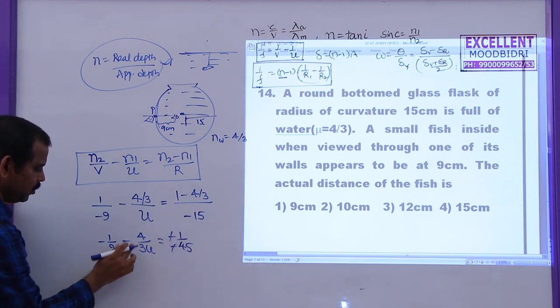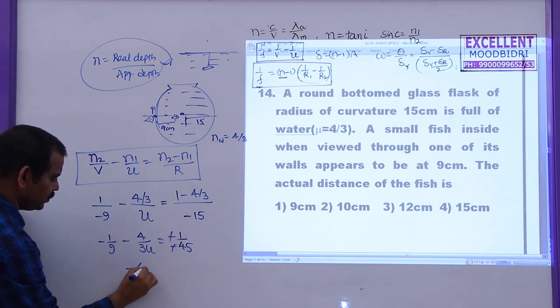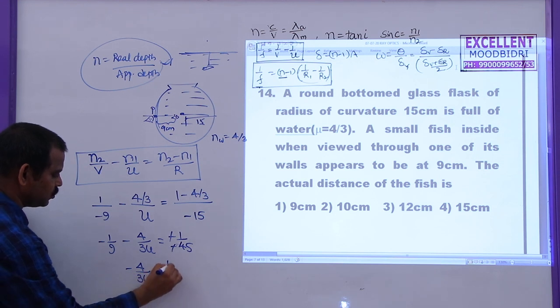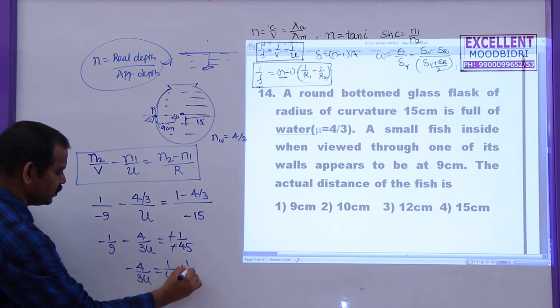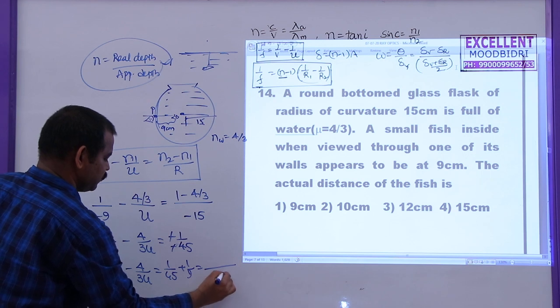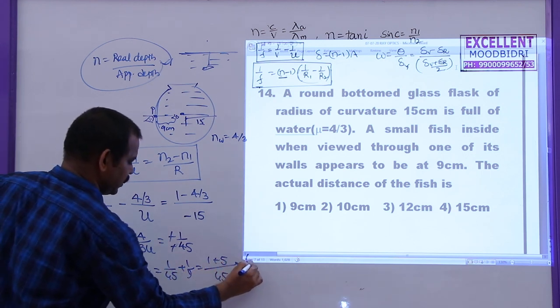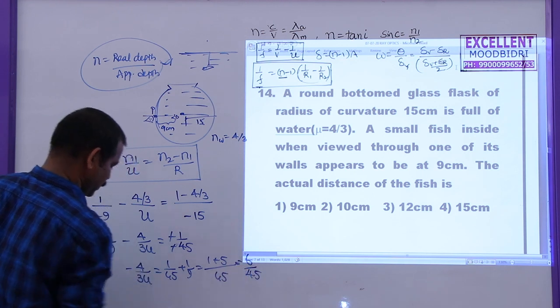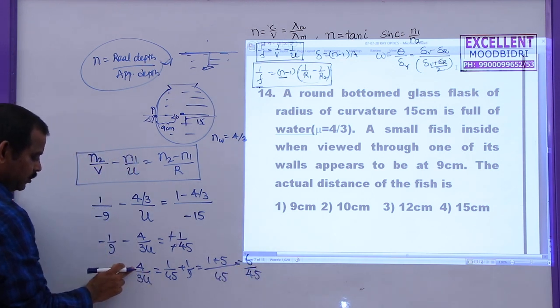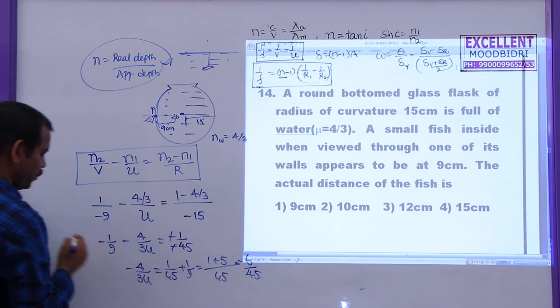Cancel. Now you can write this as minus 4/3u is equal to 1 by 45 plus 1 by 9. So this is 45, 1 plus 5, so 9 5s are 45. This is 6 by 45. Now minus 4/3u is equal to 6 by 45.